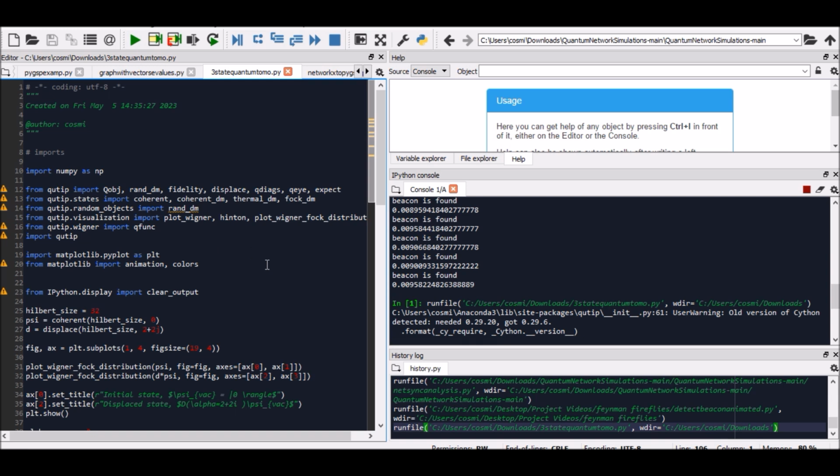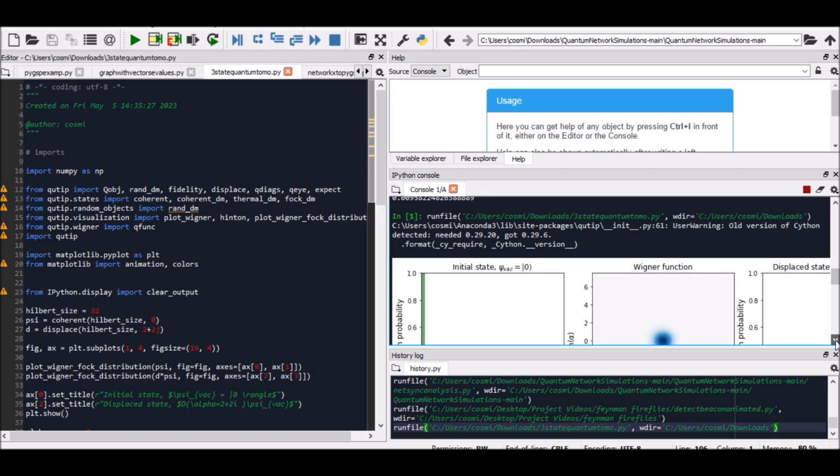So by running the simulation, the main benchmark that we want to find from these simulations in QuTiP is we want to reconstruct the Wigner function to show essentially how steady the Wigner function is over the course of time. That's the main thing that we're looking at in terms of time evolution in the case of quantum states.